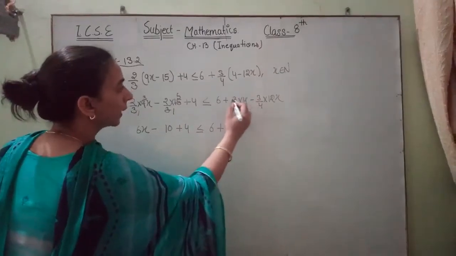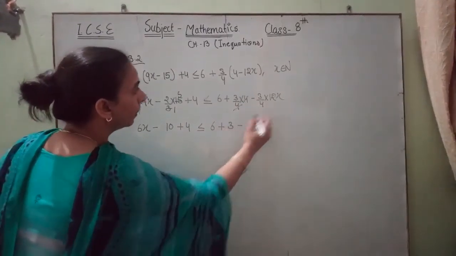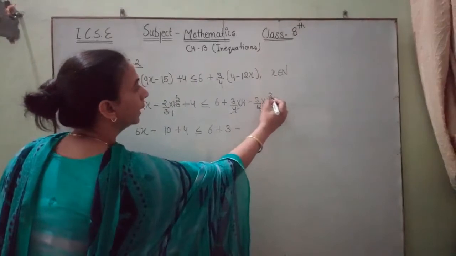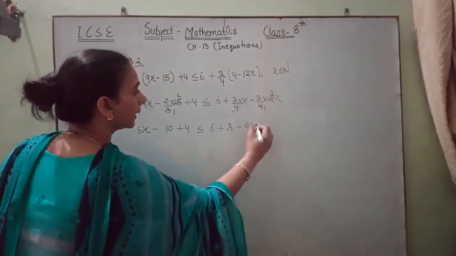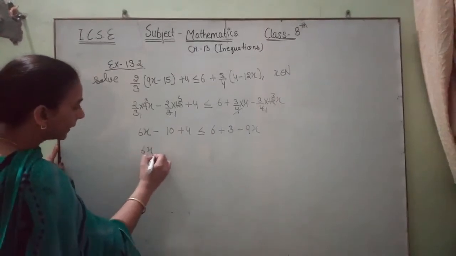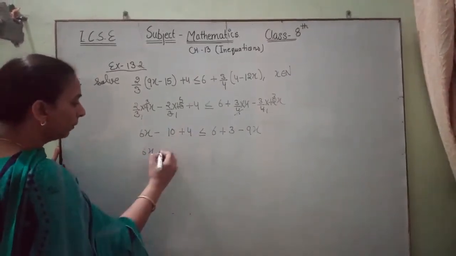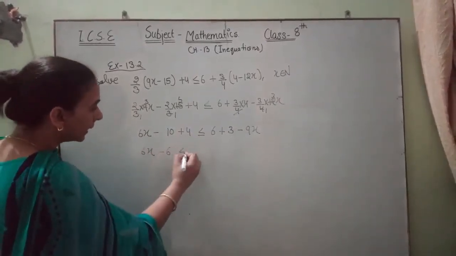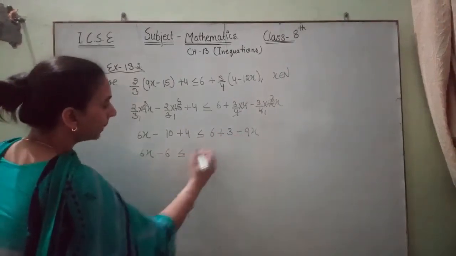Plus 4, 4 cancel, then 3 minus 4... 3 threes are 9x.